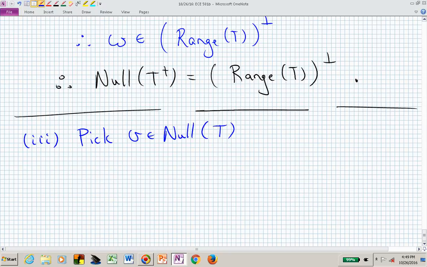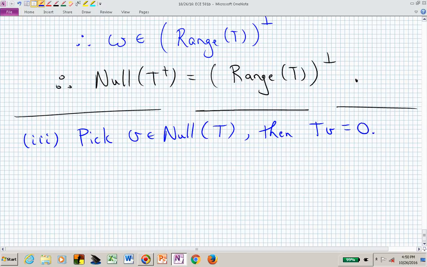Let's now pick V in the null space of T. And what can we now say about the linear map T applied to V? What does that give us? That's the zero vector again.